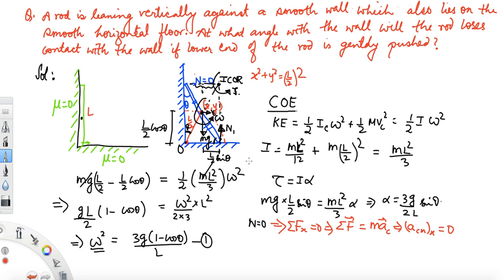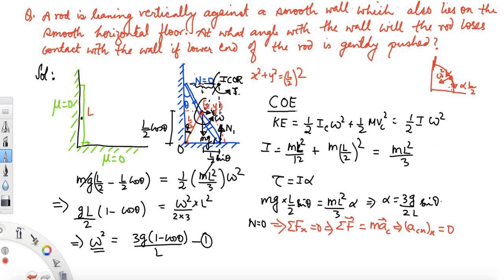That's very important. Now look at this condition. If you consider the center of mass is moving in a circle at this position, the center of mass has alpha times L by 2 as the tangential acceleration, and another component is omega square times L by 2.